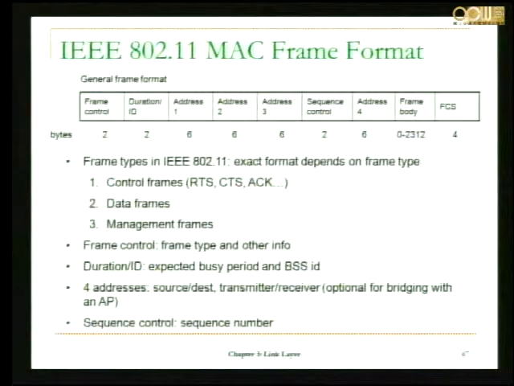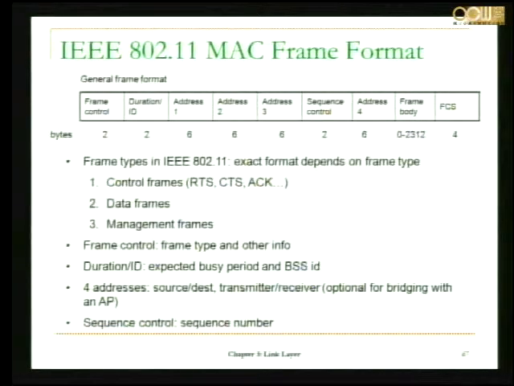Okay, this is the wireless LAN 802.11 MAC frame format, and you will see that there are 4 addresses. Okay, why 4 addresses?